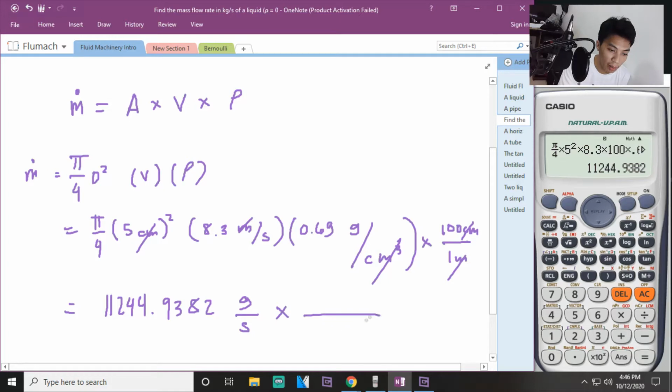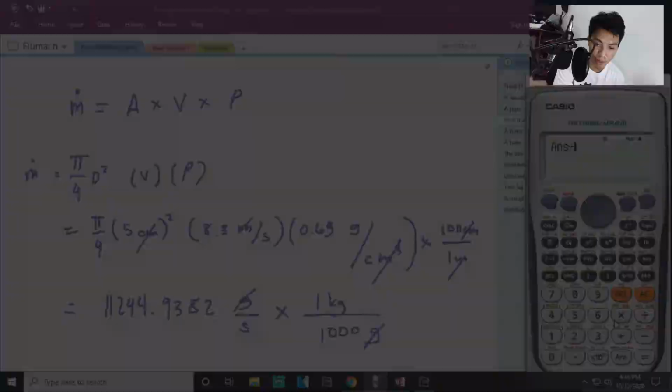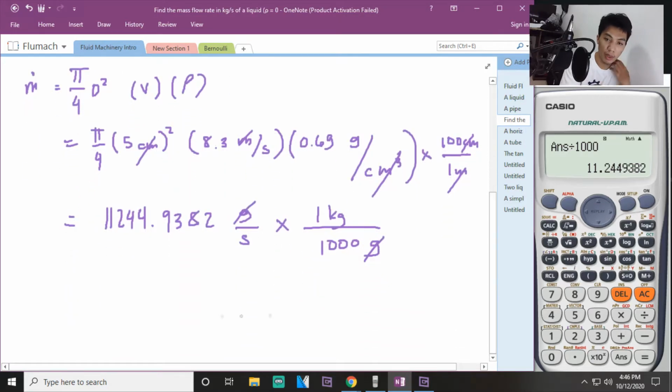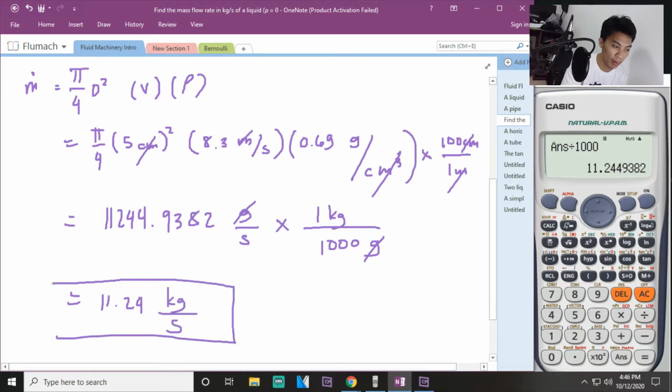Multiply na lang natin. Dapat ito na kilogram, 1 kg tapos 1,000 grams. Divide both sides by 1,000. Okay, so the answer will be 11.24 kilograms per second. Yan yung mass nito.